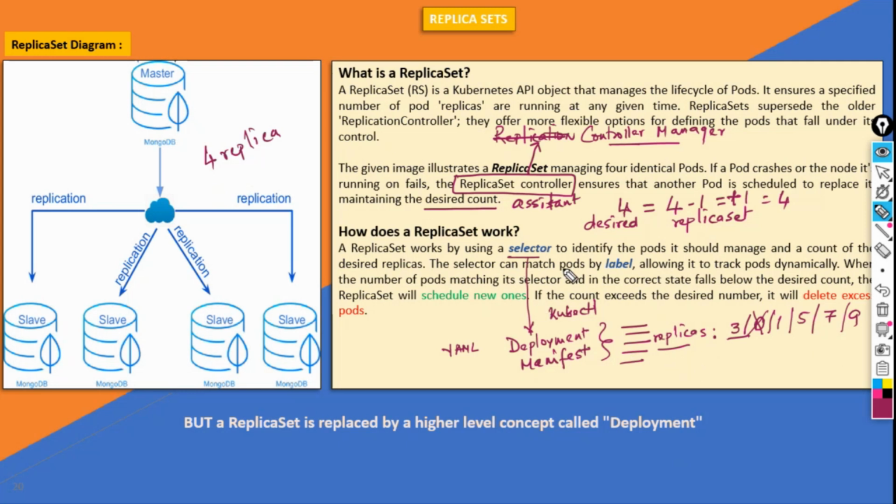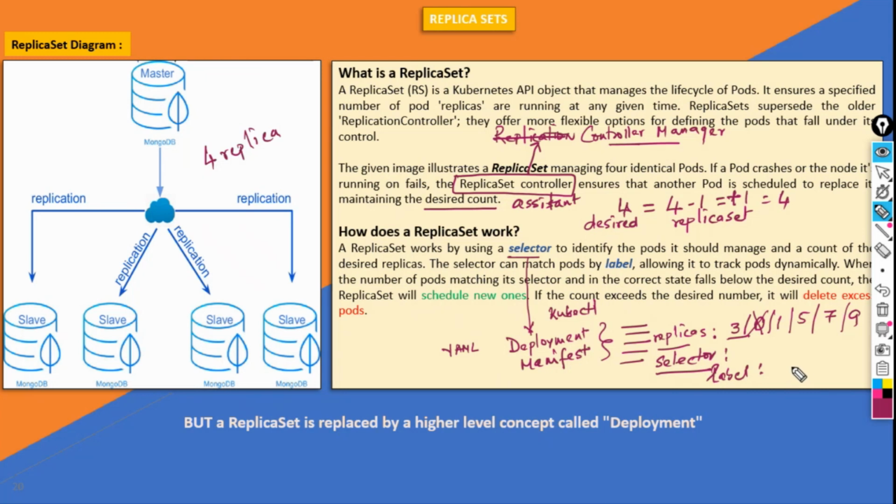Okay. And similarly, there is a keyword called selector. Selector is the key, and the value will be some value. And the selector will have a sub-key called label, all small letters. So it is a key, sub-key, label. And then you give a label.